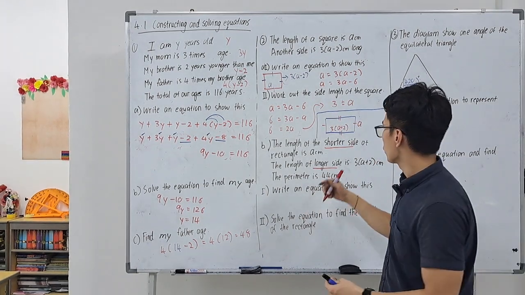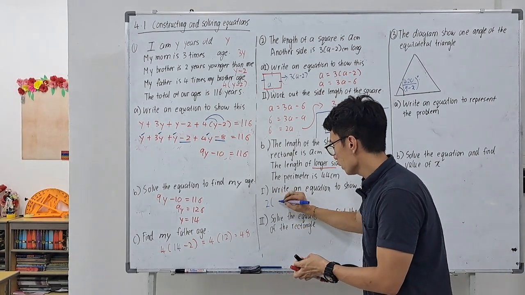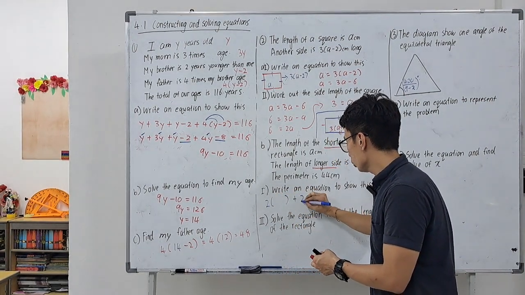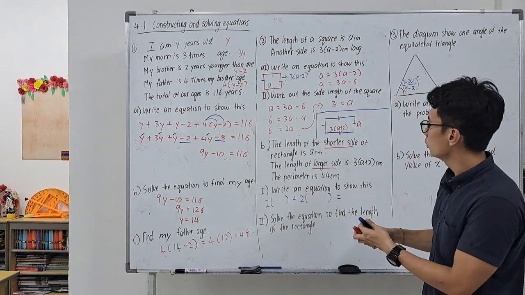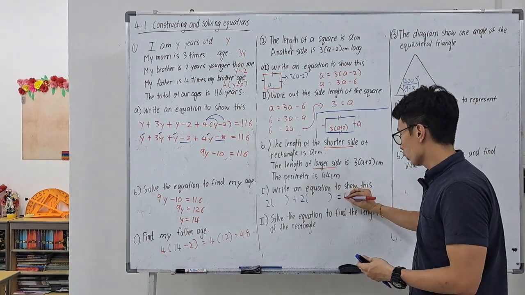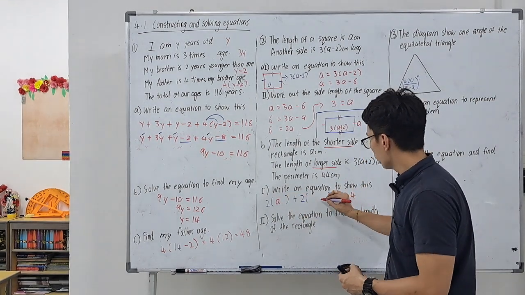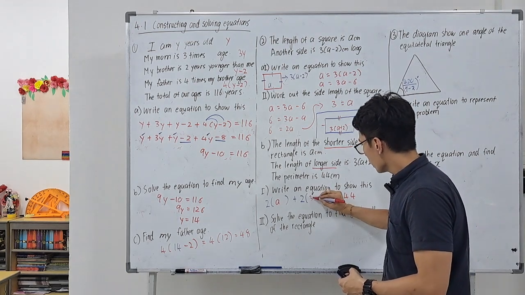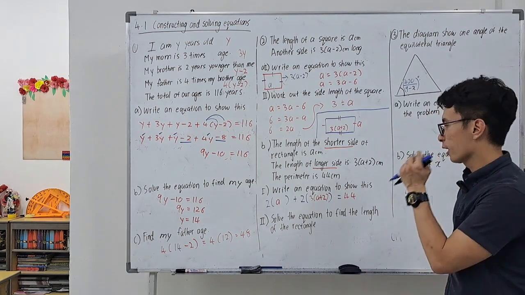So I can write down my equation like this. I have 2 of something plus 2 of something else in the rectangle, and that's going to equal 44 based on the question. So I have 2 of a's and 2 of 3a plus 2. Okay? Close the bracket.